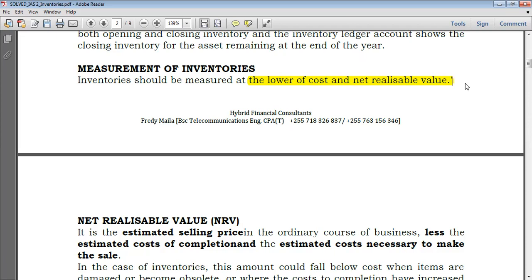Can you remind me, impairment of assets IAS 36 compares what with what to determine whether there is an impairment or not? Can you remember that? It usually compares carrying amount and what?